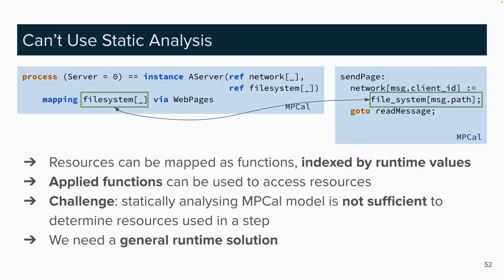Essentially you could compute a value in arbitrary ways, including getting it from another resource, and then you could use that to access by key another resource and do things to that. And sure, in some cases you could probably figure that out with static analysis that's sufficiently smart, but it is not generally sufficient. Static analysis will have a point where it has to be conservative and can't answer your question. So ultimately we will need a general runtime solution, and so we focused on one.